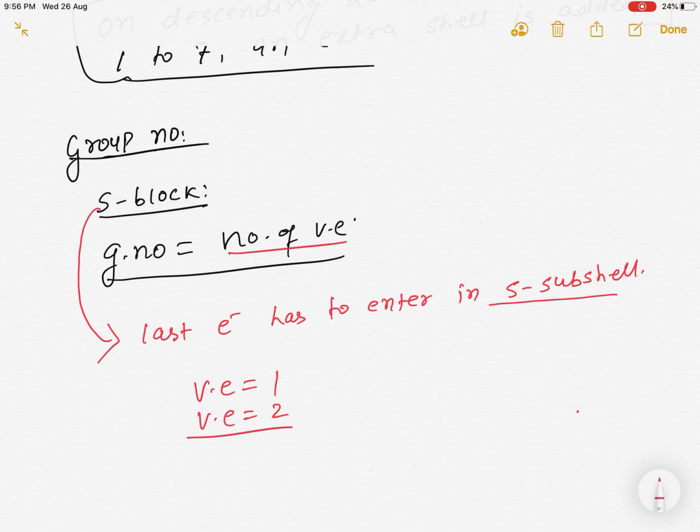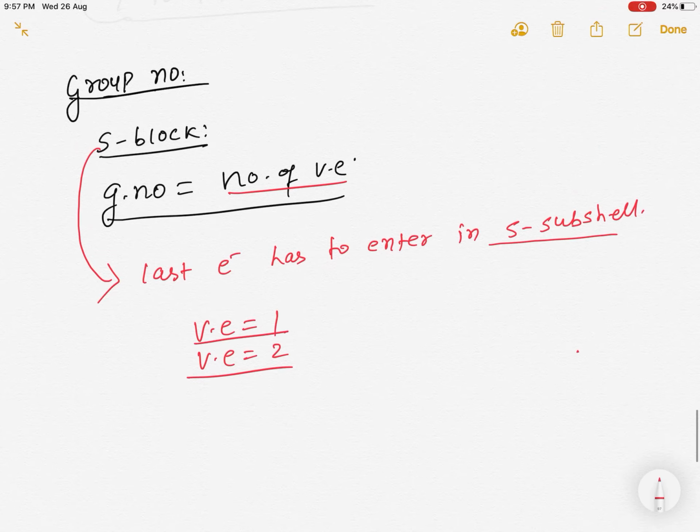You cannot have three valence electrons in the S subshell, because the S subshell has a maximum capacity of 2 electrons. So if the number of valence electrons is 1, the group number will be 1. If the number of valence electrons is 2, the group number will be 2.